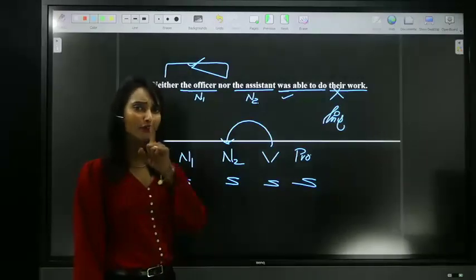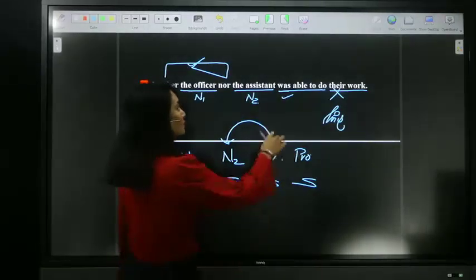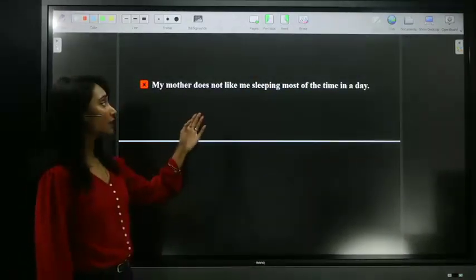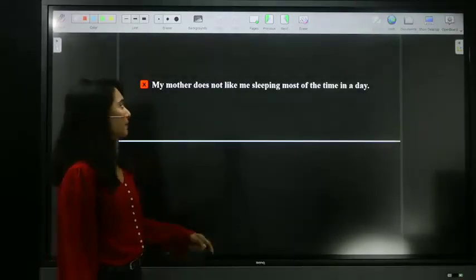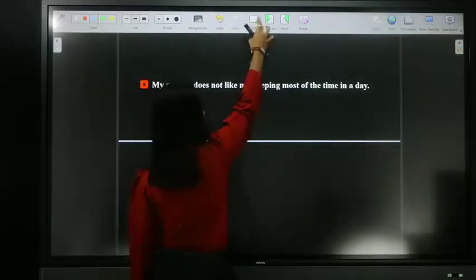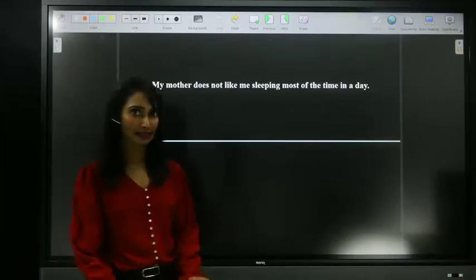Now let us see one more sentence as the last sentence for today and for pronouns. My mother does not like me sleeping most of the time in a day. So what is the error here? Quick guys, this is the last sentence for today.